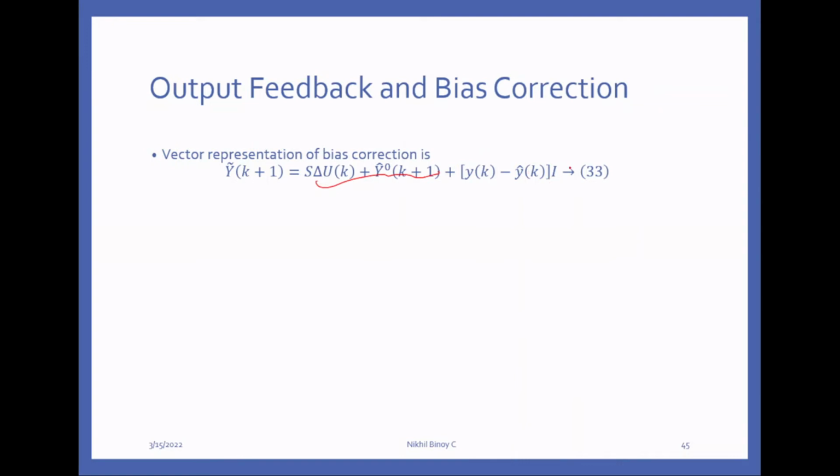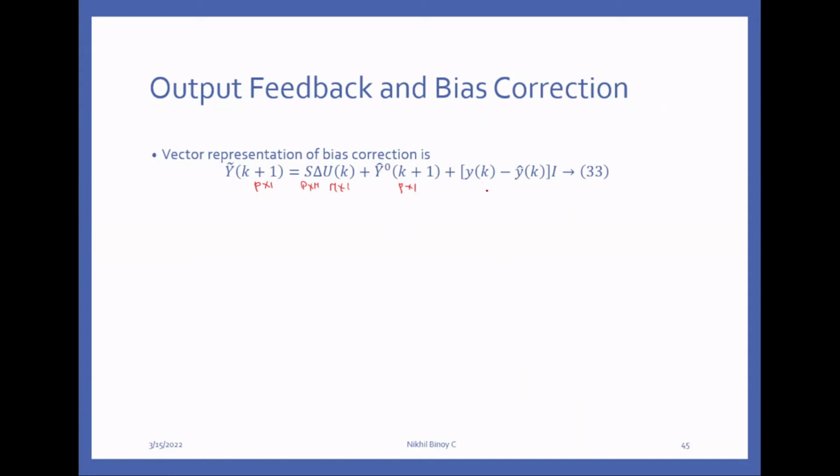Why are we using I? The reason is this Y nu(k+1) is P by 1. This is P by M into M by 1, so this multiplication is P by 1. This is also P by 1, but what about this element?